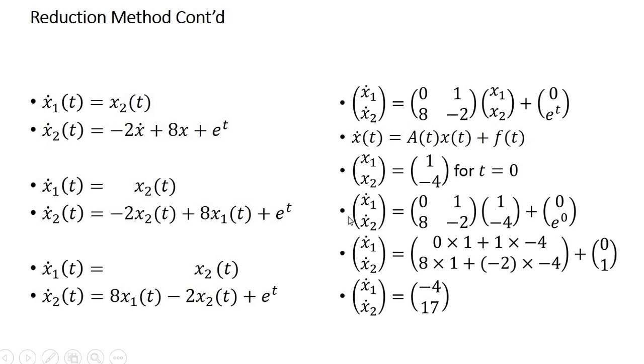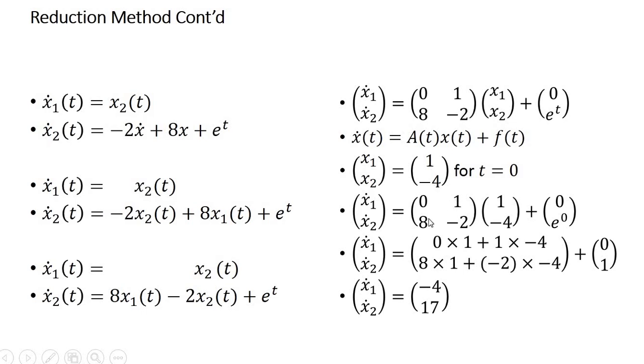Remember you are given the initial conditions: x1 equals 1 and x2 equals minus 4 at t equals 0. Substitute t equals 0, with x1 and x2 given by the matrix 1 and minus 4.